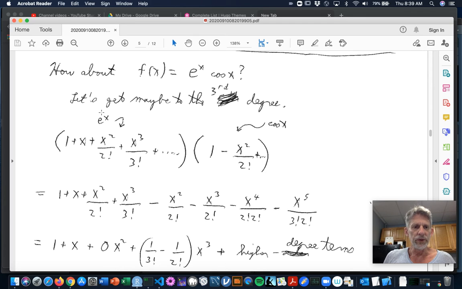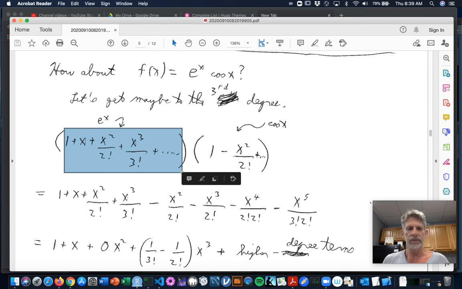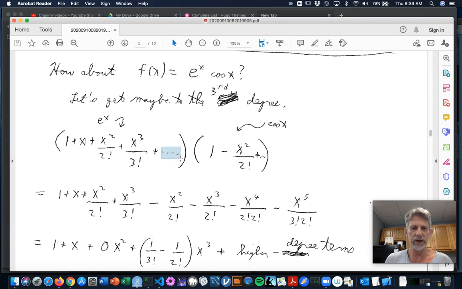What I would do is take the e to the x Maclaurin series and write out the terms to third degree. And I'm doing plus, plus, plus, so I can capture the rest of e to the x. And I'll do cosine of x, and I'll do the same thing. I'll write up to the third degree. And so I get 1 minus x squared over 2 factorial. The next term would be a plus x to the 4th over 4 factorial, so I can stop right there.